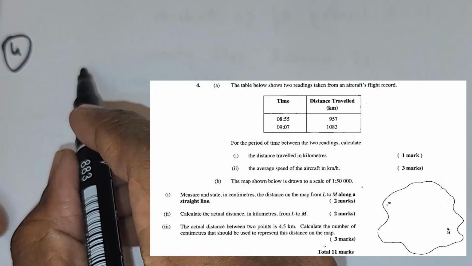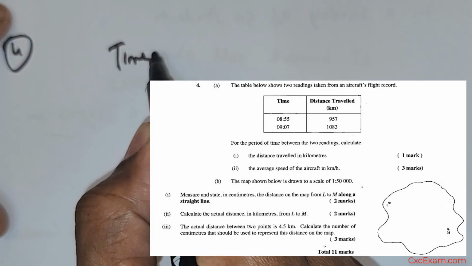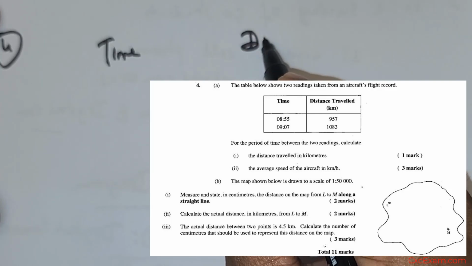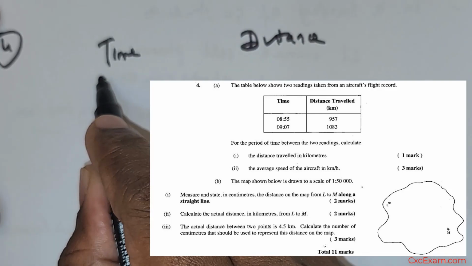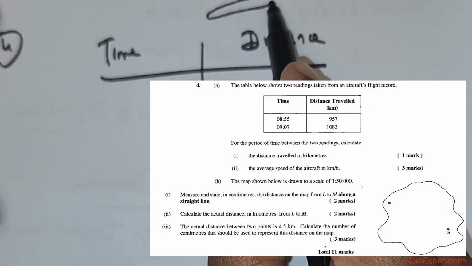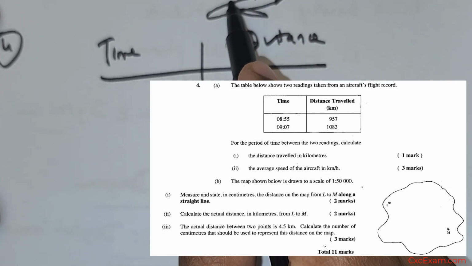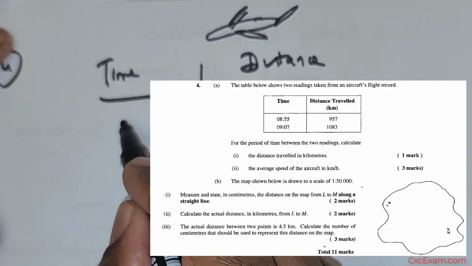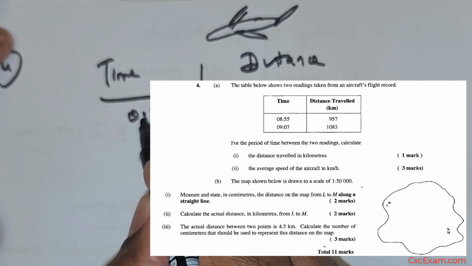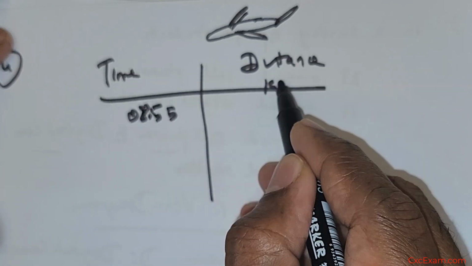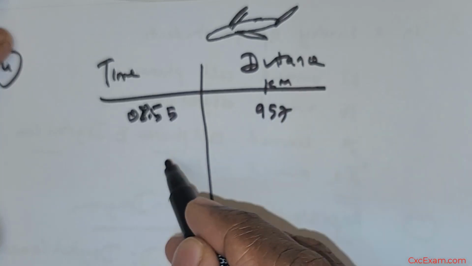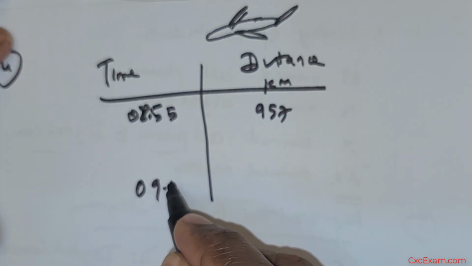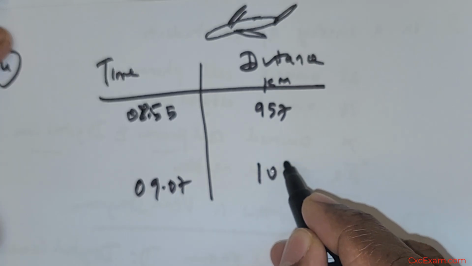Since this is question number 4, we've been given a table of time and distance traveled by an aeroplane. At 8.55, the distance traveled is 957, and at 9.07, the distance traveled is 1083.